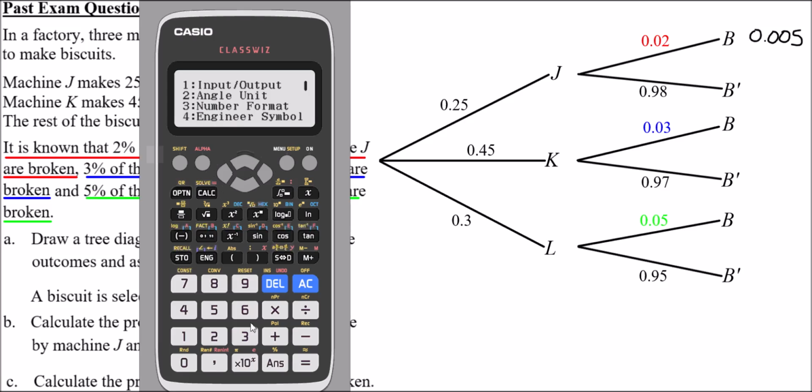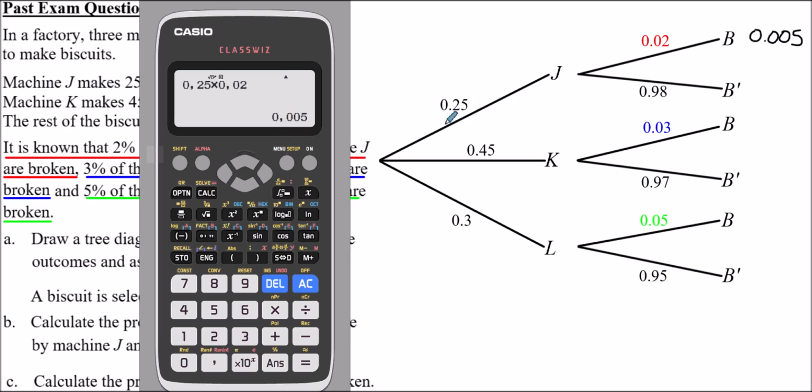Just trying to find it there myself actually. And so we want option 3 for normal. Now weirdly, try pressing option 2. So if you do that and press option 2, it will now come out as a normal looking decimal. So for some reason normal option 2 in many ways makes more sense.